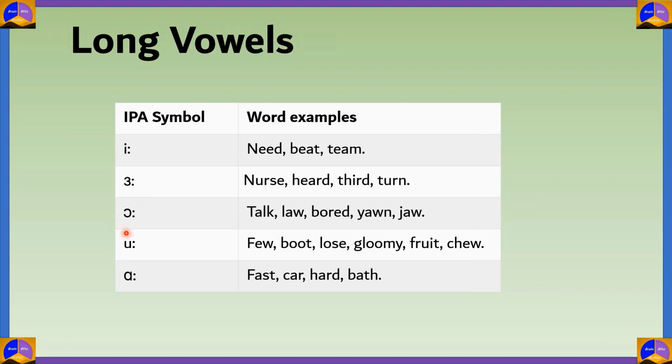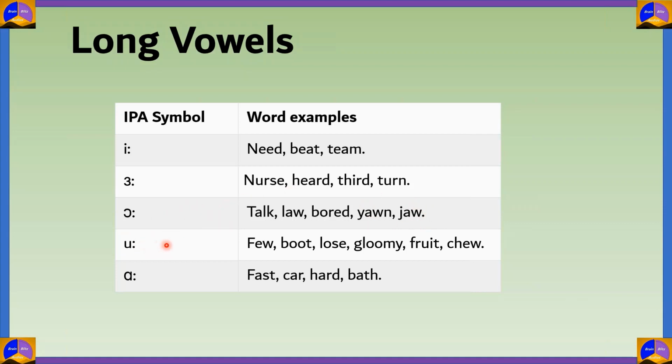Let's move on to the third long vowel, which is an inverted C and a colon. That's the IPA symbol for the sound O. Now this is used in words such as talk, law, board, yawn, and yaw. So these are the examples for the O sound.